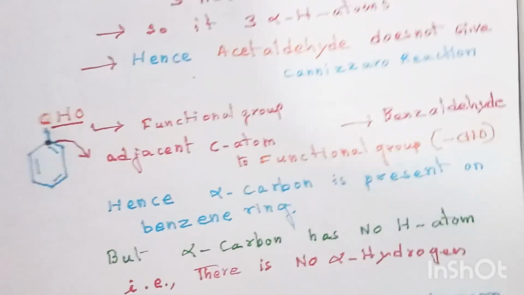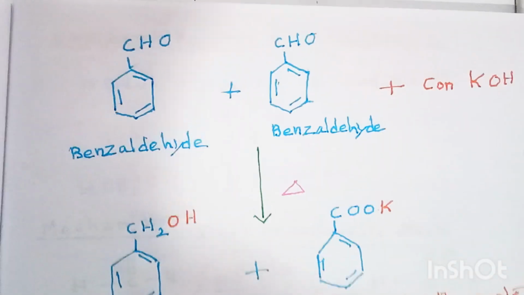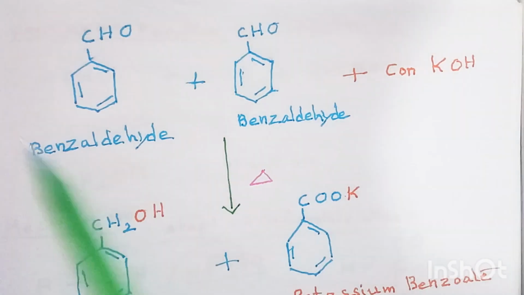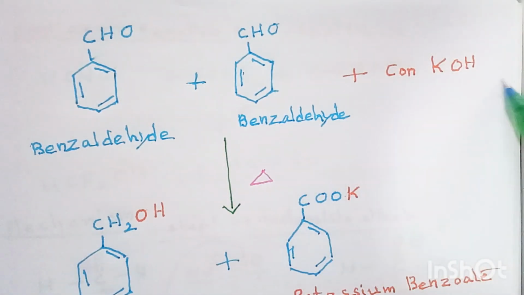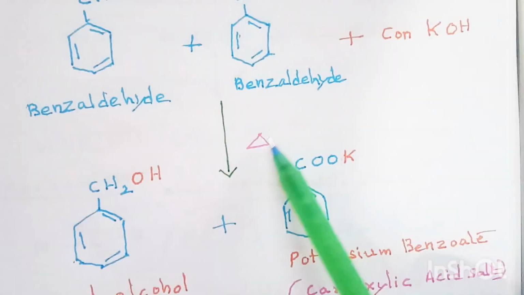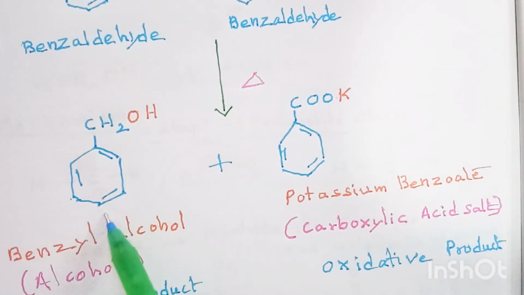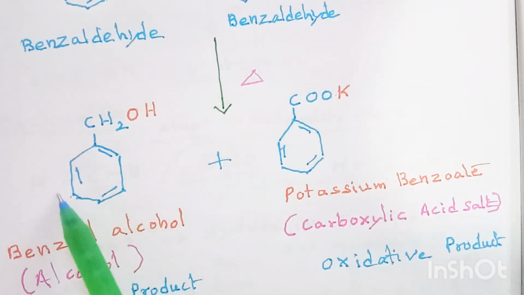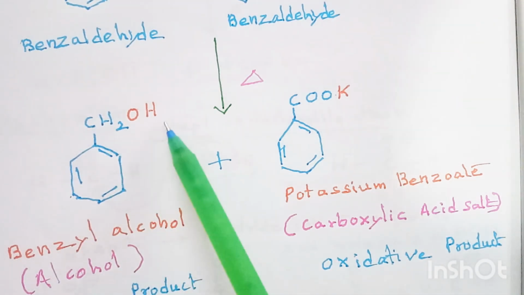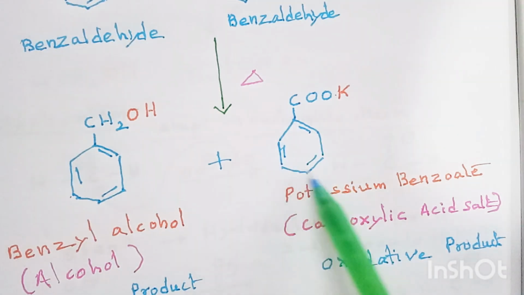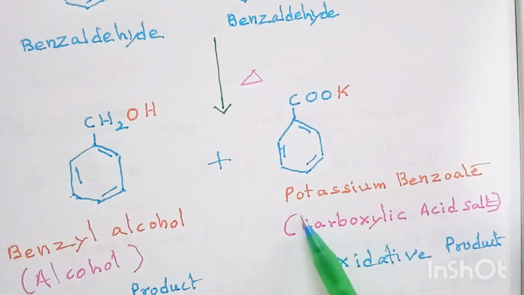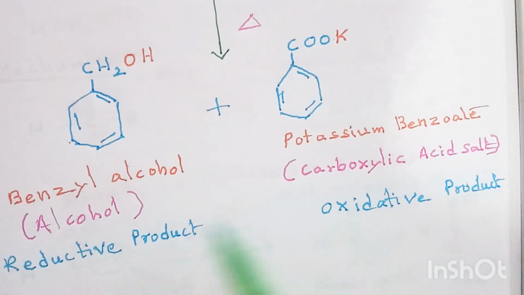And write this other example: benzaldehyde plus concentrated KOH on heating gives benzyl alcohol, C6H5CH2OH, and C6H5COOK, carboxylic acid salt.